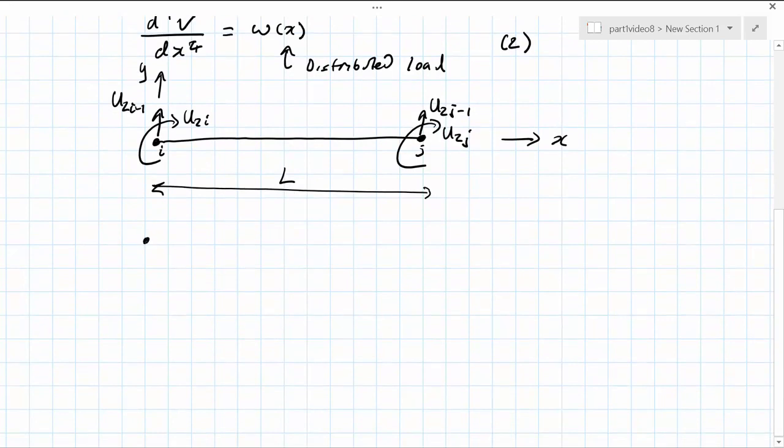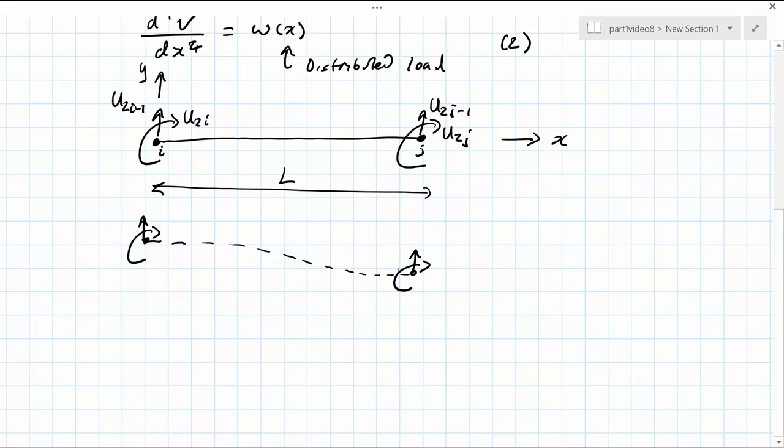If we now draw this element in a slightly deformed configuration, just to emphasize some of its shape, then at each end we can draw the boundary conditions.